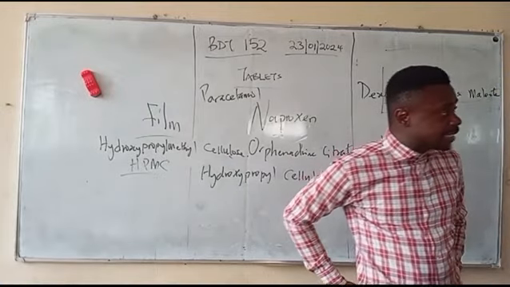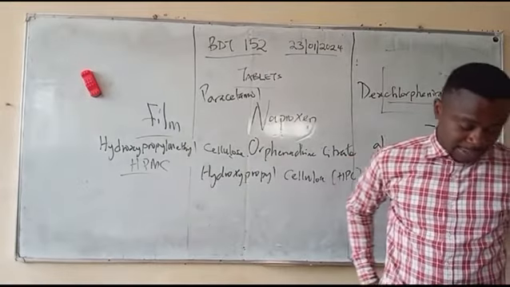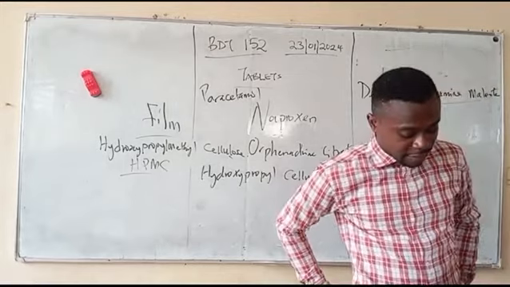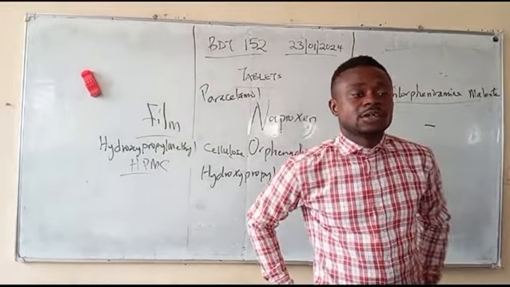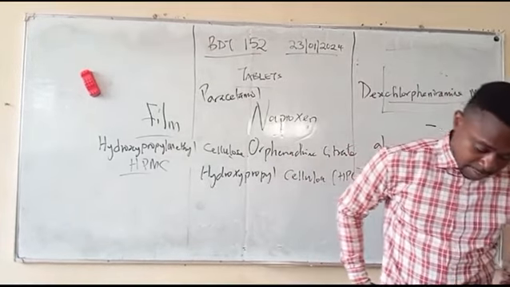You also have ethyl cellulose. You can write that one now. Ethyl cellulose. So they are materials commonly used for film coating.